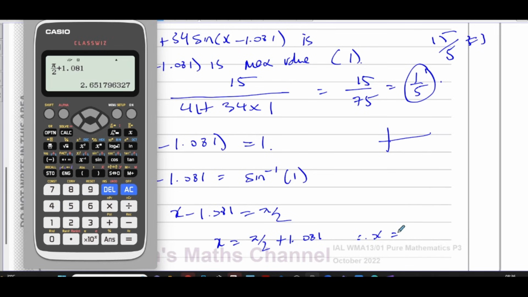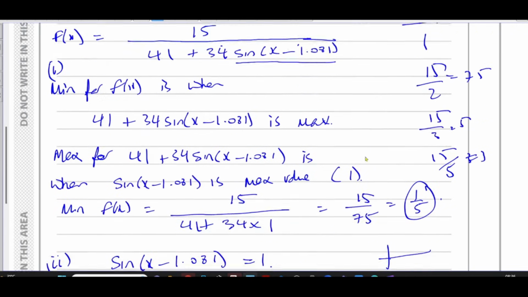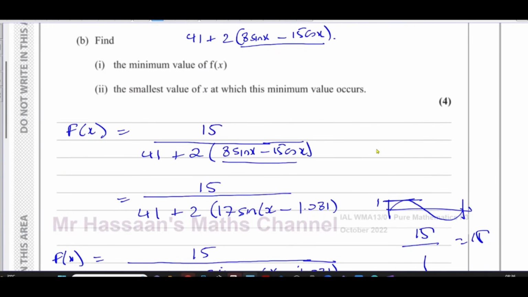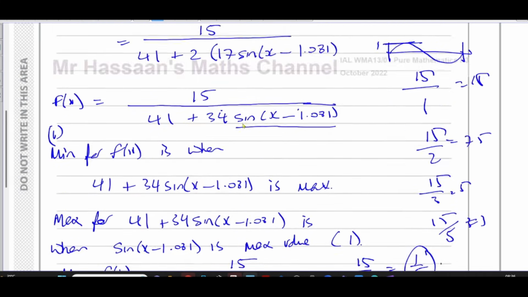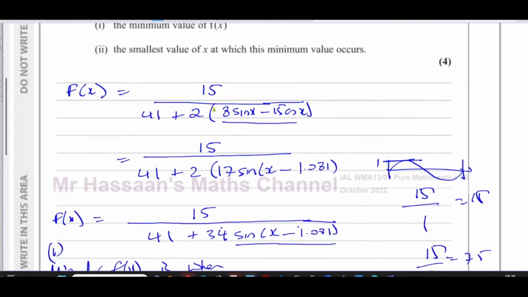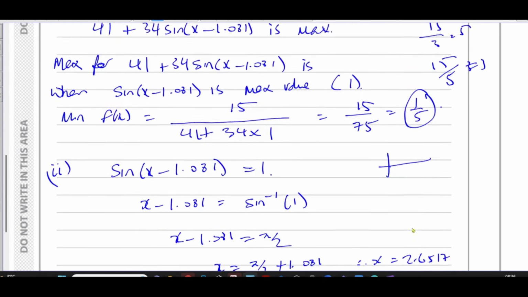That's better. That gives us 2.6517. Now, they didn't tell us how to write the answer, so we'll write it to 3SF in the end because that's our general. So the value is 2.65 radians. That is the value of x, the smallest value of x at which this minimum occurs. So the answer there is 2.65.